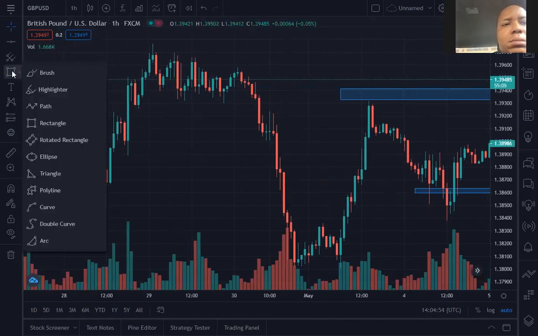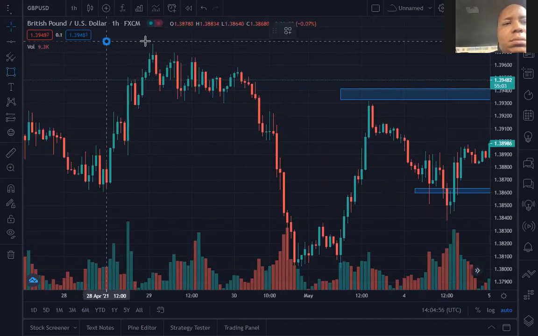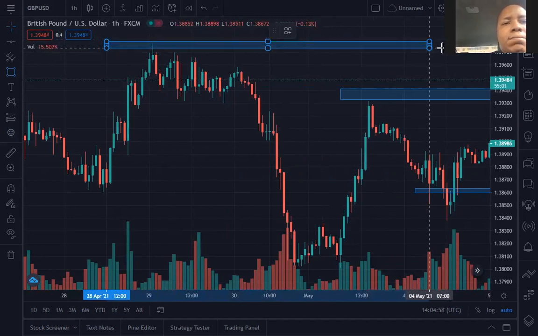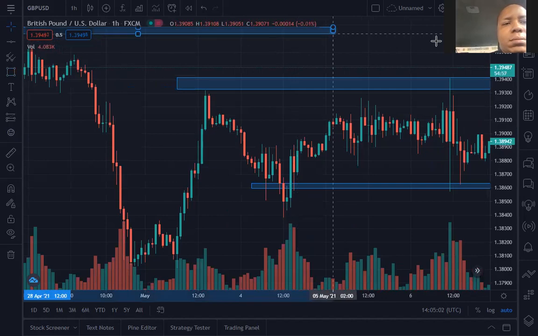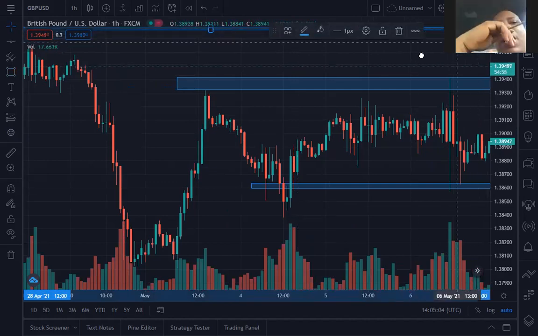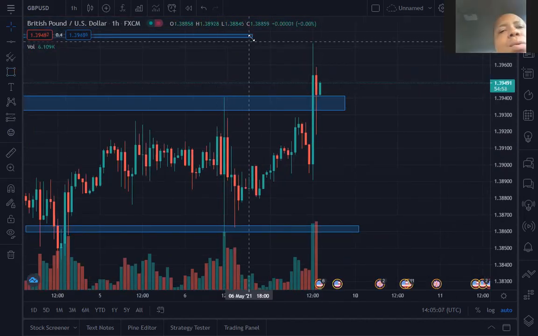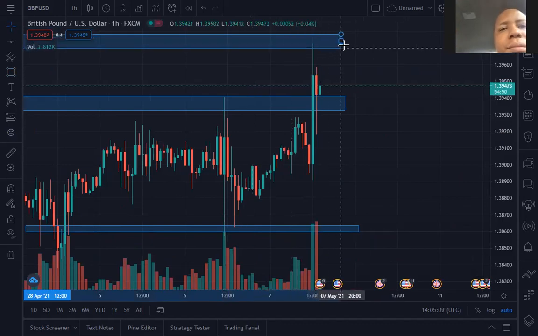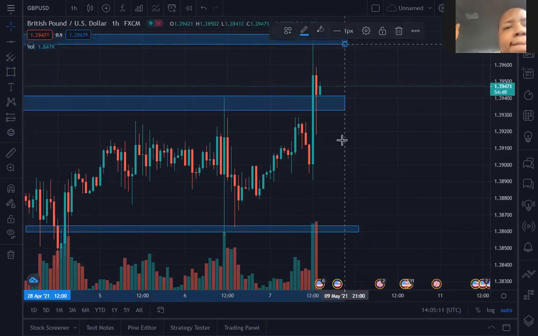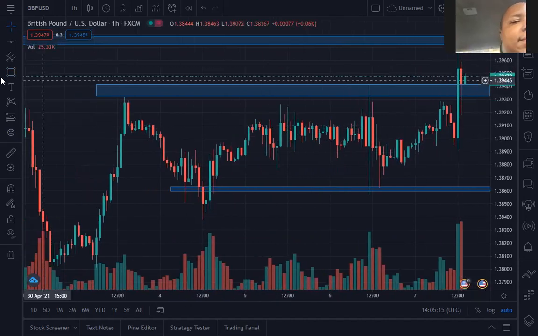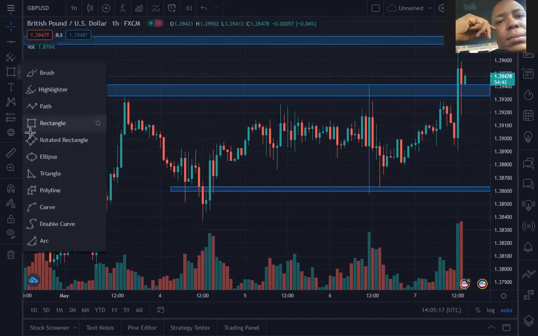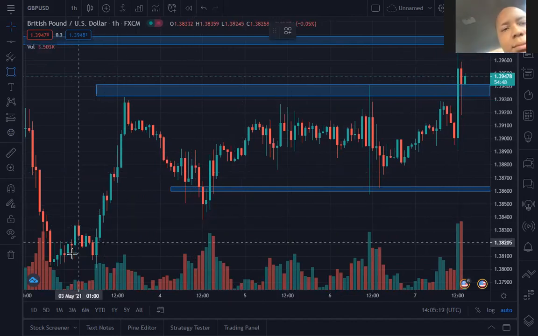So based on what happened in the past, the highest side here is supposed to be the major resistance one, and the lowest to this support is here.